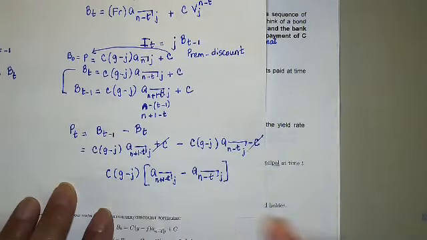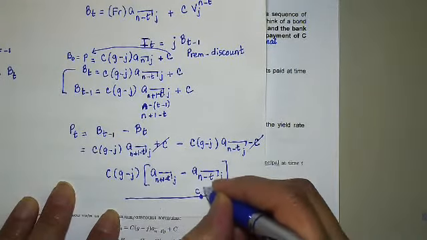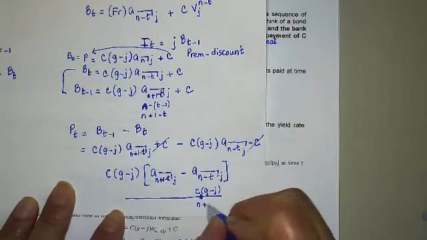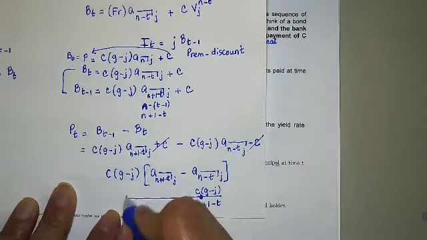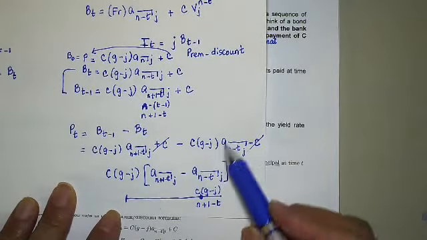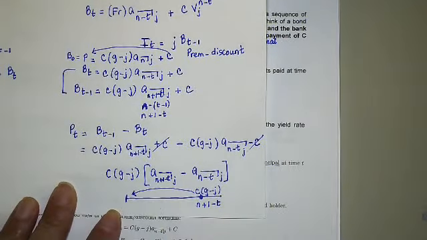N minus T payments. So this guy has one more payment than this guy. What is the amount of that payment? CG minus J. Are you following me? So we're only talking about this one payment of CG minus J at time N plus 1 minus T.